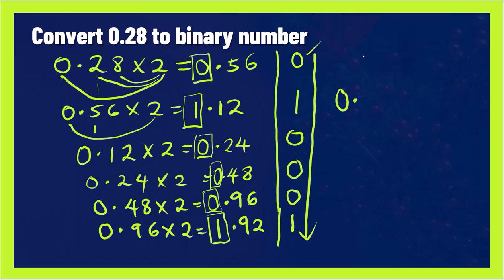That's this 0, 0, followed by this 1, then 0, 0, 0, 1. So in base 2, this is our answer for the conversion of 0.28 to binary number. This is easy, right? Amazing.